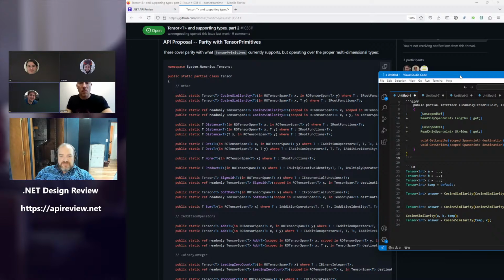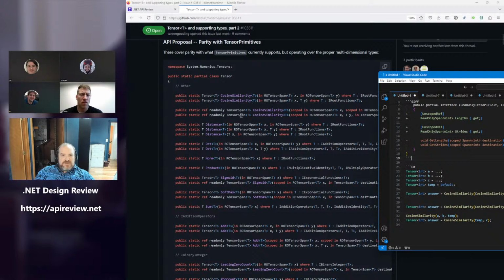But if ref return read-only span actually doesn't work, and it either needs to be void with an out or tensor span return and no out, I would choose the tensor span any day of the week.